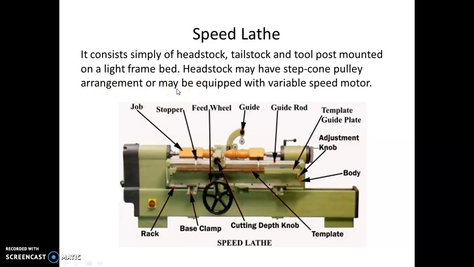This is the simplest form. It consists simply of a headstock, tailstock, and the tool post mounted on a light frame bed. It may have a step cone pulley arrangement or may be equipped with a variable speed motor.